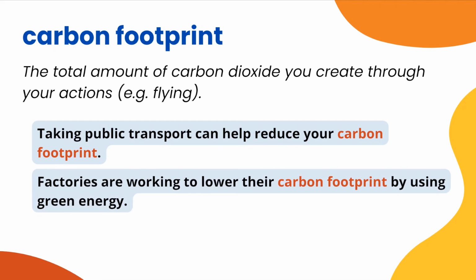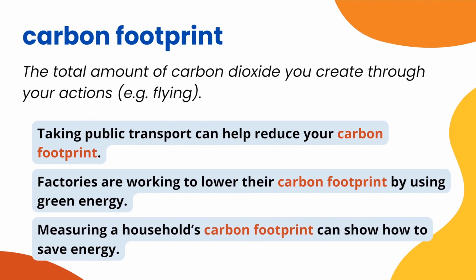Factories are working to lower their carbon footprint by using green energy. Measuring a household's carbon footprint can show how to save energy. So it's a measurement of the amount of carbon dioxide you put out into the atmosphere, and you can reduce your carbon footprint or lower. That's what we should be trying to do, of course.